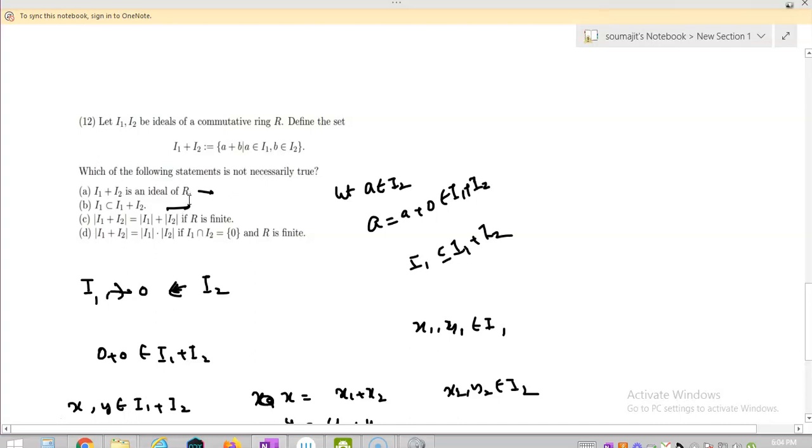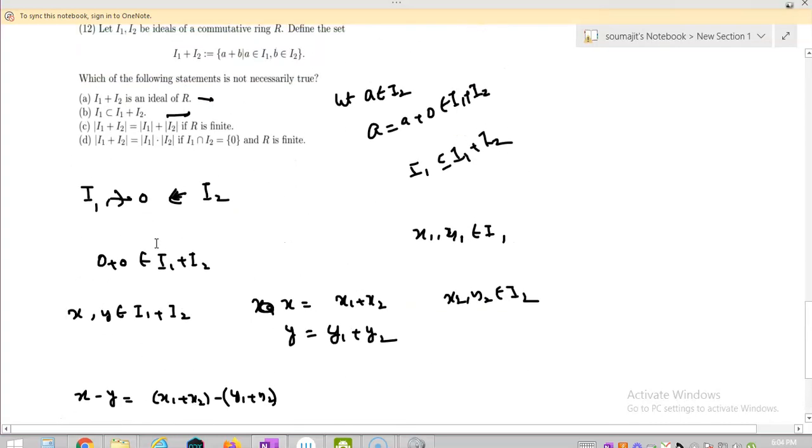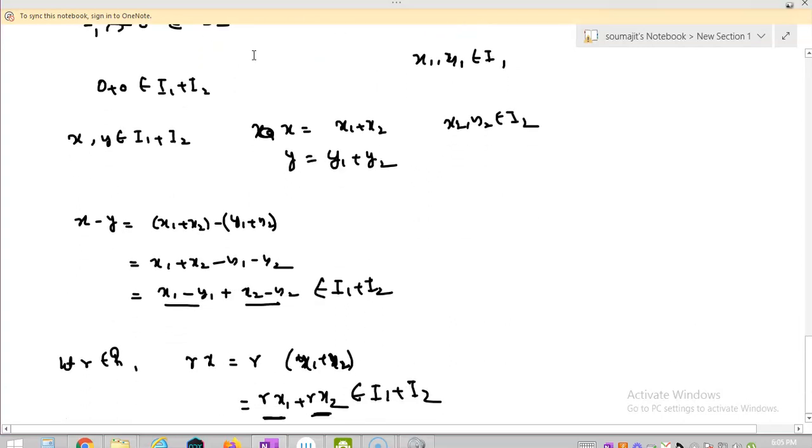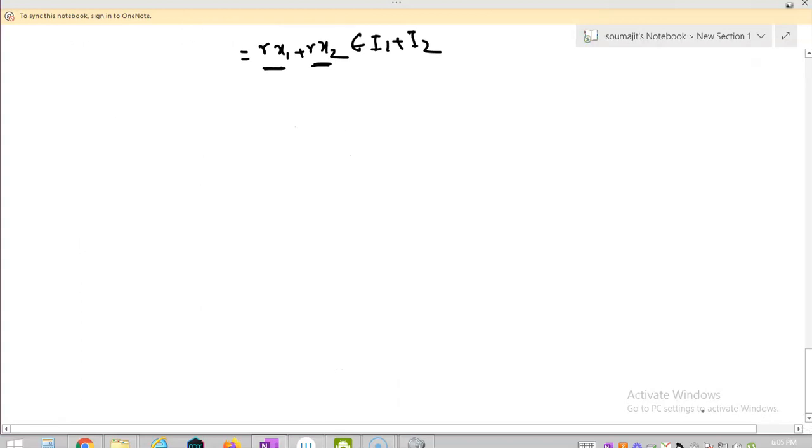Now let us talk about option number C. Option C says the cardinality of I1 plus I2 is equal to the cardinality of I1 plus the cardinality of I2. Okay. Now consider R equal to Z6. Z6 is a ring, we know that.